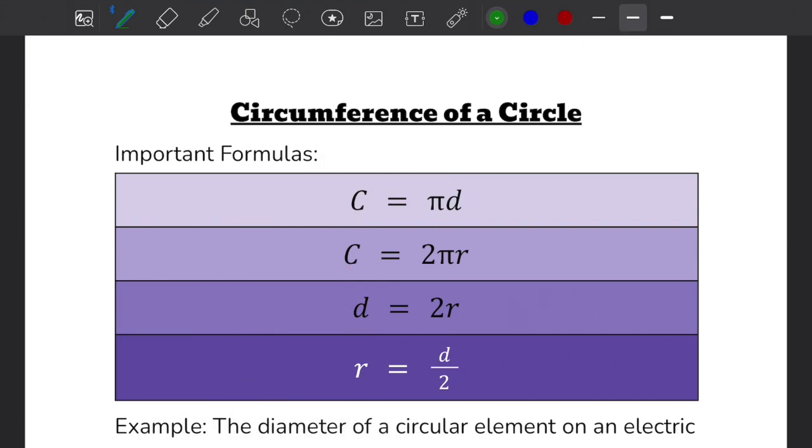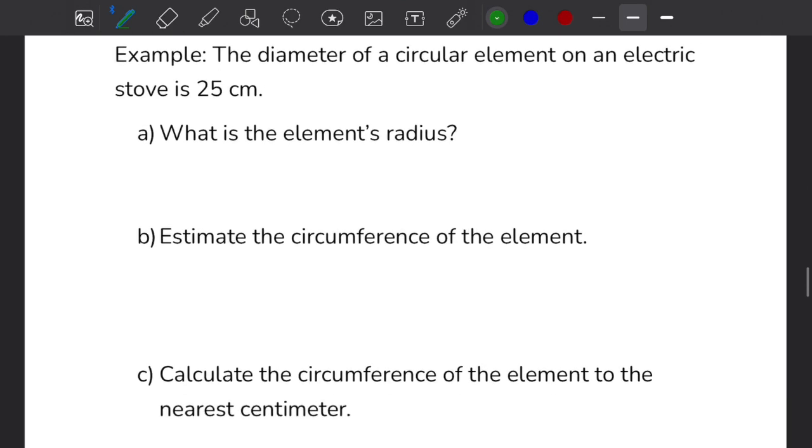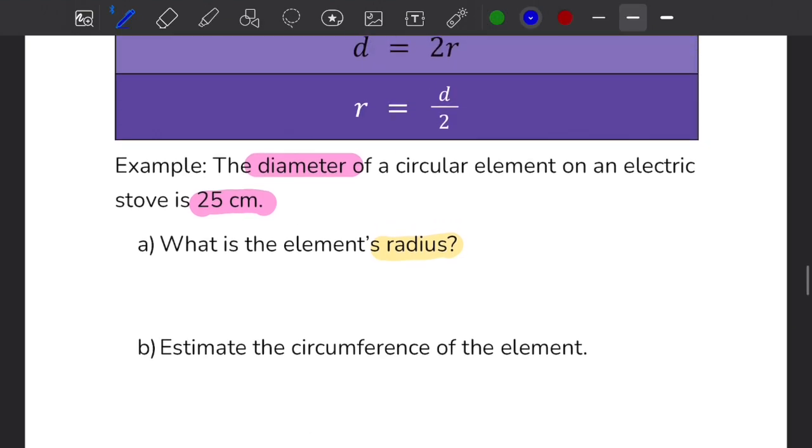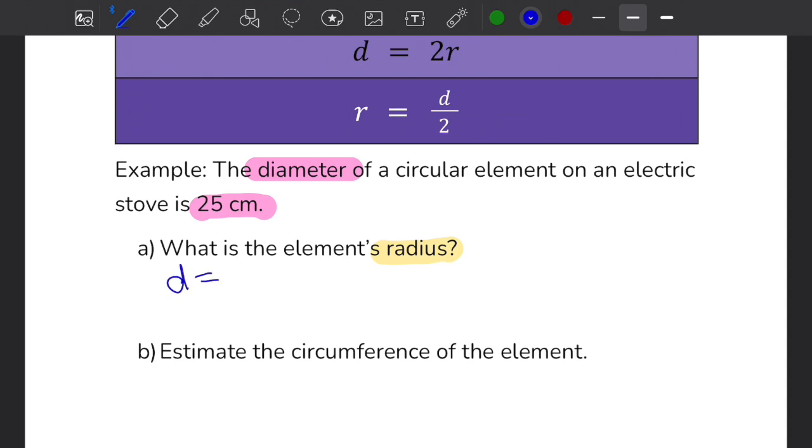Now we're going to try one example. This example reads, the diameter of a circular element on an electric stove is 25 centimeters. What is the element's radius? The question gives us d for diameter. So diameter is equal to 25 centimeters, and the radius is missing.